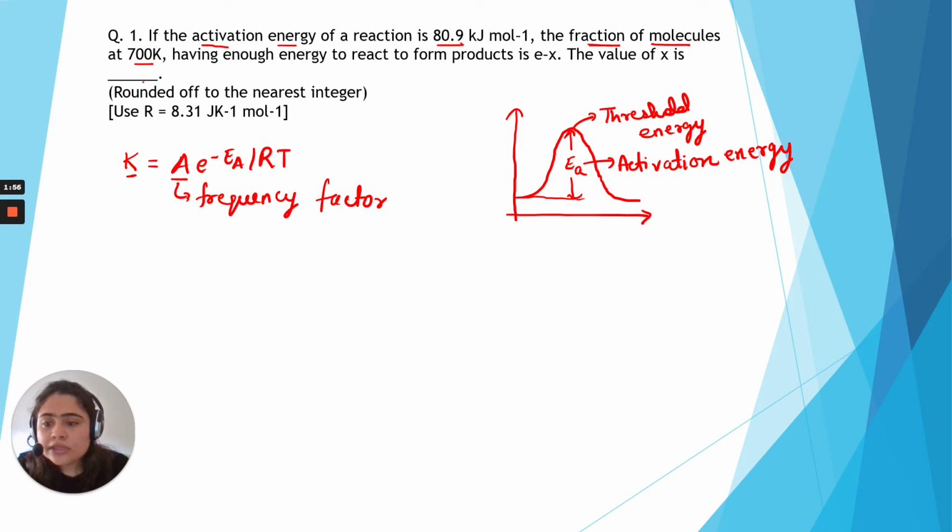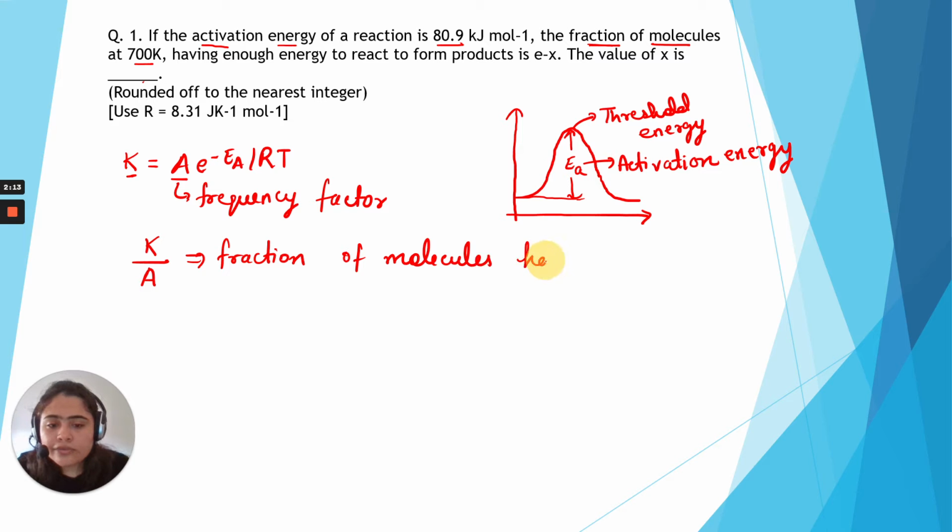So this K by A will give me the fraction of molecules which have acquired enough energy to get converted into products. So K by A gives us the fraction of molecules having enough energy to form products.